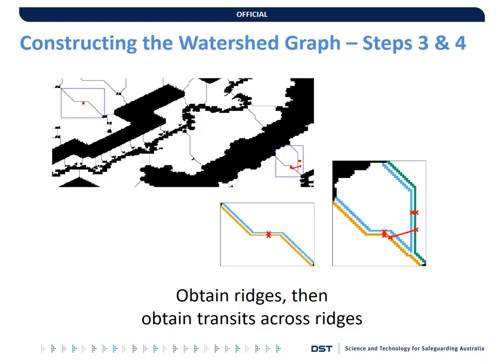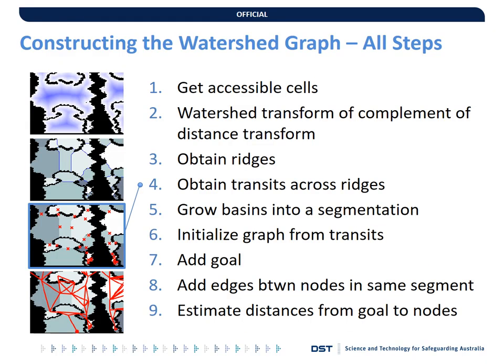That is, from one color to the other when going via the centroid of all the colored cells. This construction builds transits that are weighted towards the middle of the ridge. It also handles atypical cases such as this one on the right, where we have multiple overlapping ridges. That takes us up to step 4.